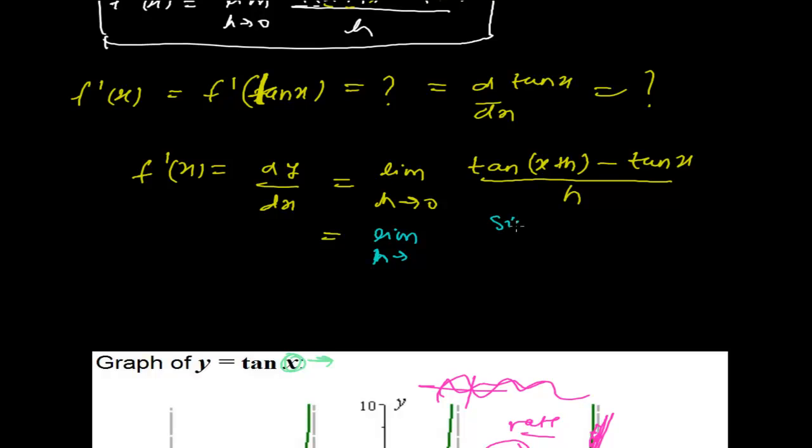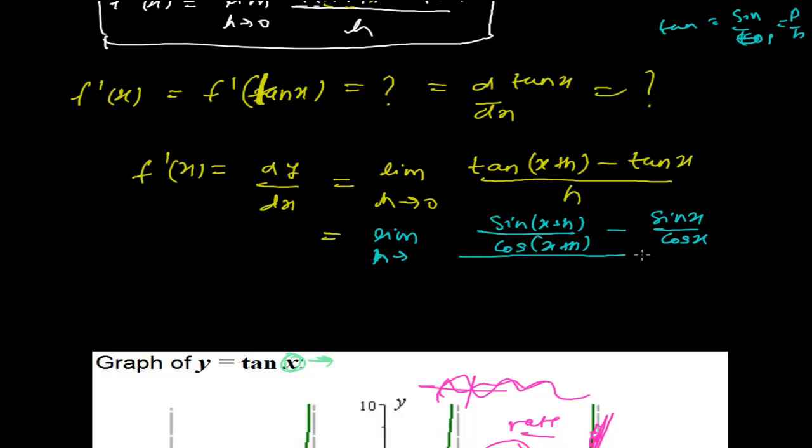So it will now be sin(x+h) divided by cos(x+h), because tan is just a ratio of sine and cos, perpendicular to the base. So here also tan x is sin x divided by cos x, and then the whole divided by h.